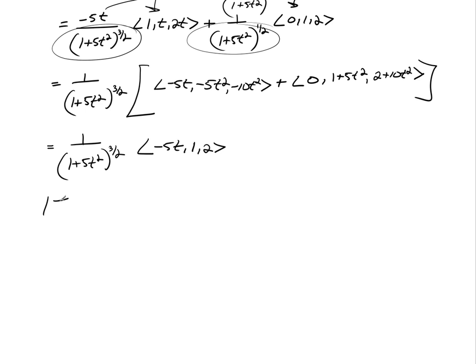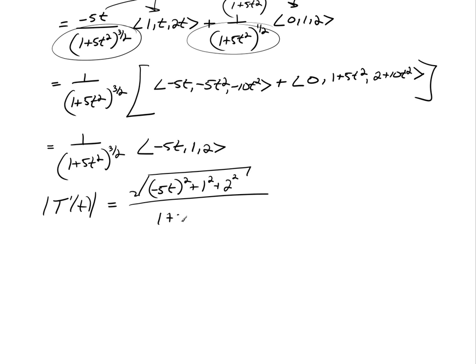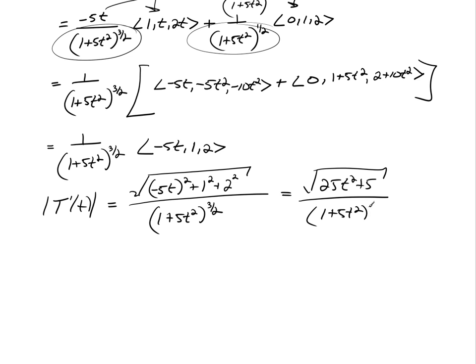The magnitude of T prime of t is going to be equal to, I'm going to write all this out in detail. I hope I'm not insulting your intelligence here. I figured sometimes it's easier to see all the gory detail to make sure you don't get lost in where some of these components come from. What's this going to give me? This is going to give me the square root of (25t squared plus 5) over (1 plus 5t squared) to the 3/2.